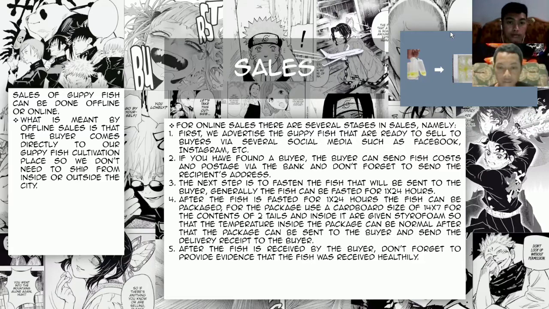Use a plastic bag of suitable size for the contents and seal it with rubber bands so that the water inside the bag does not leak. After that the bag can be sent to the buyer, and send the delivery receipt to the buyer. Fifthly, after the fish is received by the buyer, convert it to profit and get evidence that the fish was received healthy.